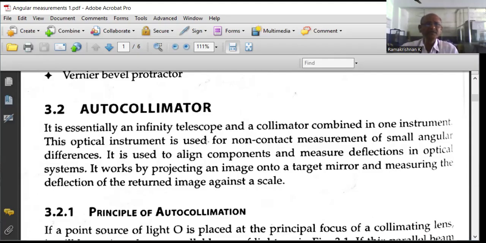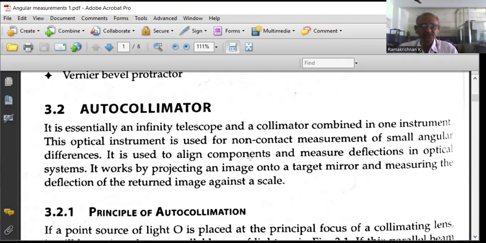The autocollimator is used to measure small angular deviation. It basically consists of two components: one is the telescope and the second is the collimator. The two setups are combined in one instrument. One of the main features is that it measures the angle deviation without any physical contact.